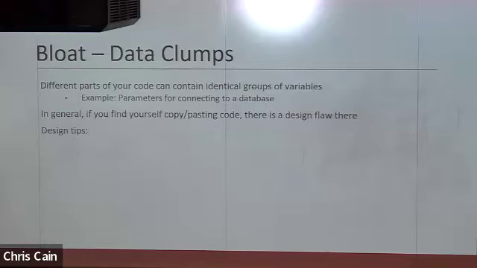So, things you can do about this: move them to their own object. Have a database connector object that has fields for everything you need to be able to connect to a database. That way, all you have to do is make a new database connection object and then pass that object onto your database connection.